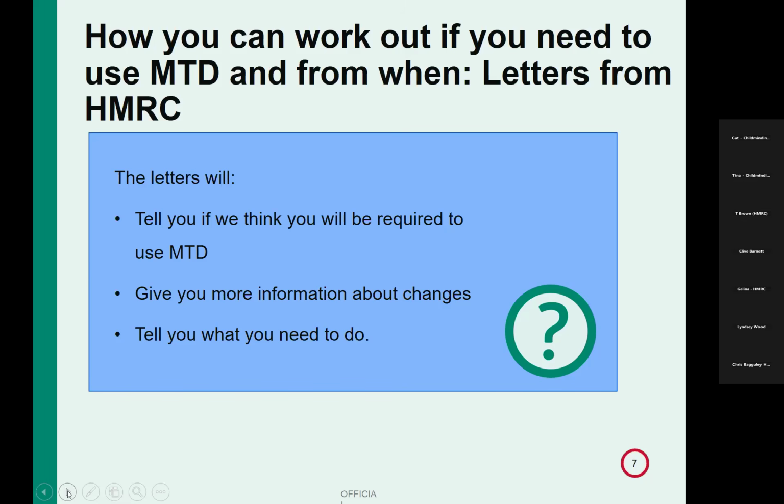In other words, we use the information from a year earlier just to give us a heads up and an indication. Those letters have already been sent, and they state that we think you may be required to use it, give some information about the change, and encourage those who appear likely to start making preparations.